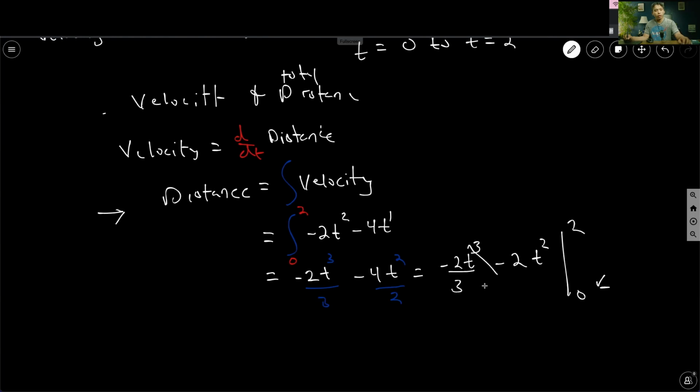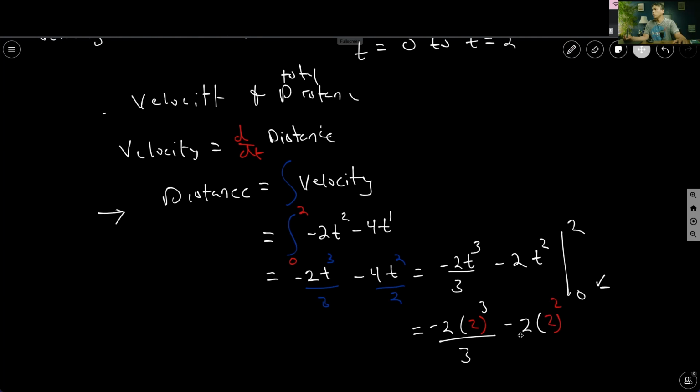So I just plug 2 into the equation. So it's going to be equal to minus 2, plug in the 2 to the third power over 3, and minus 2, plug in the 2 to the second power, and then it's over nothing.